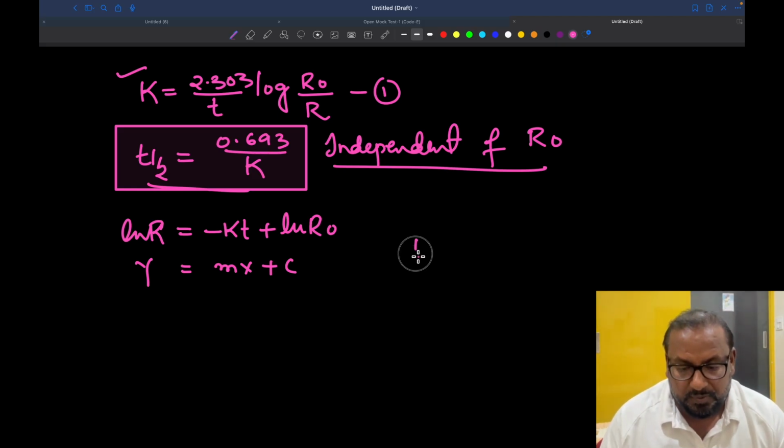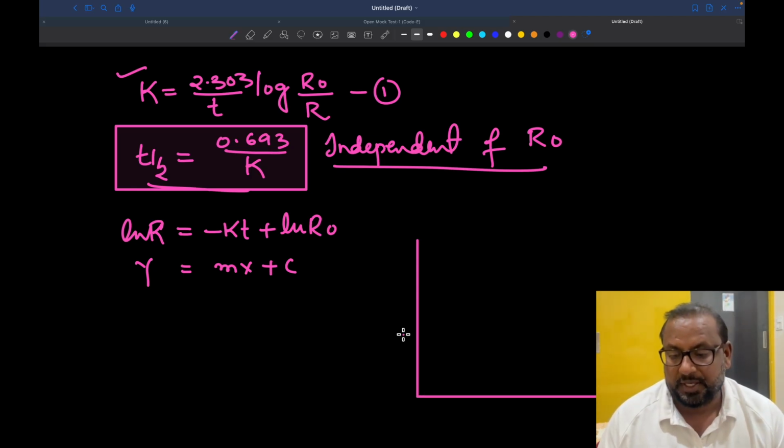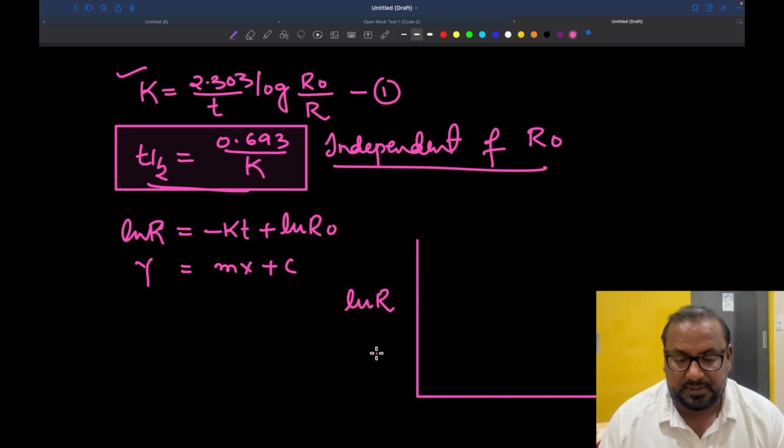Of course, on the y-axis we have to take ln R. On the x-axis we take t, since time is the variable.